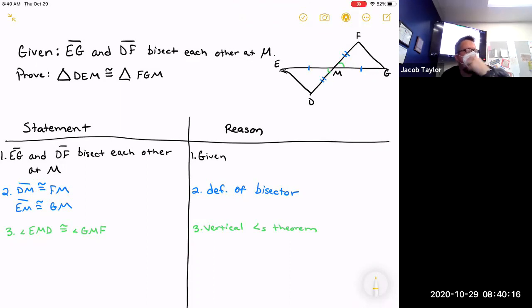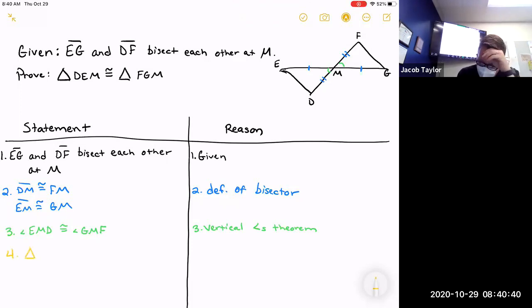I'm sorry, that is not a valid statement or a reason. Now what? You could use SAS. Yeah, I'm done. I have proved these two triangles are congruent by SAS.